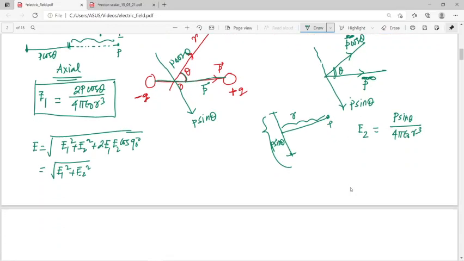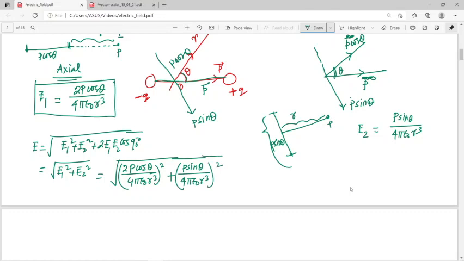And you know what E1 is? E1 is nothing but 2p cos theta by 4 pi epsilon naught r cube, that whole square, and E2 is nothing but p sine theta by 4 pi epsilon naught r cube, that is also whole square.